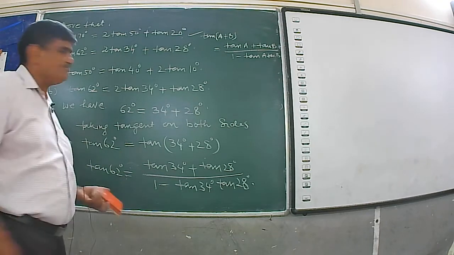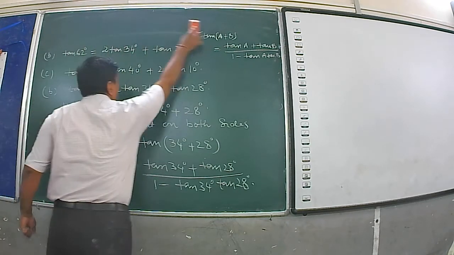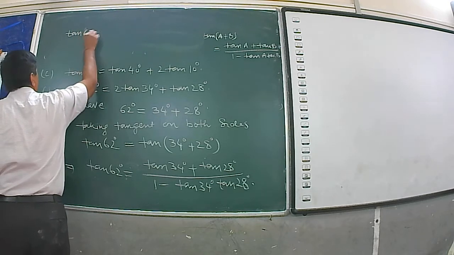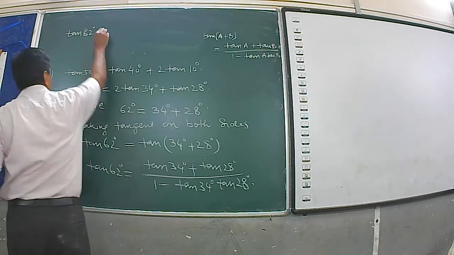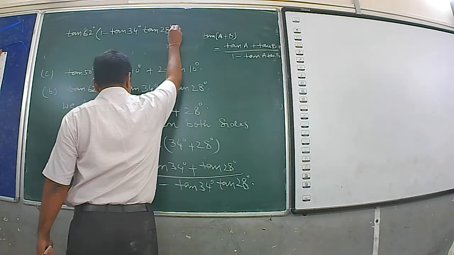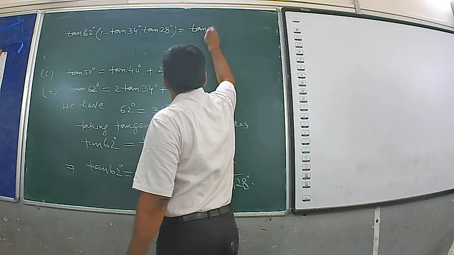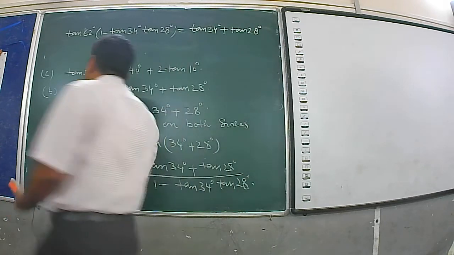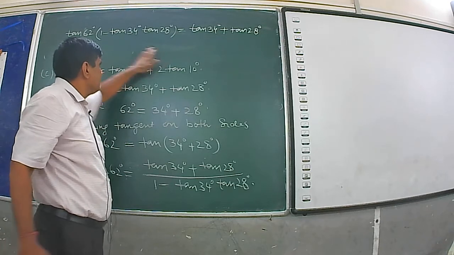Now by the cross multiplication, tan 62 into the denominator on the left hand side, 1 minus tan 34 tan 28, is equal to tan 34 plus tan 28. On the left hand side, open the bracket: tan 62 into 1, and tan 62 into tan 34 tan 28.